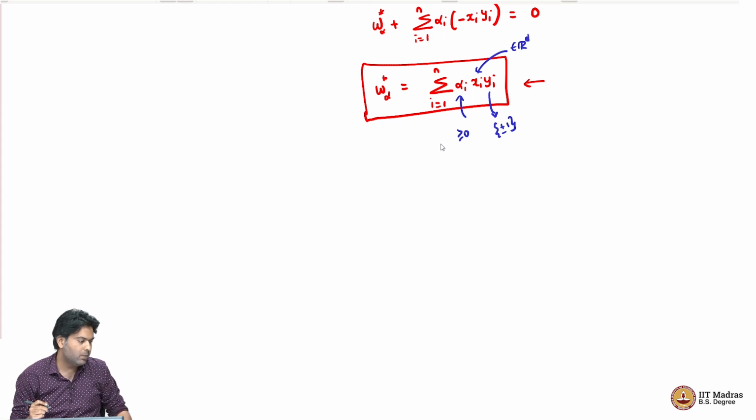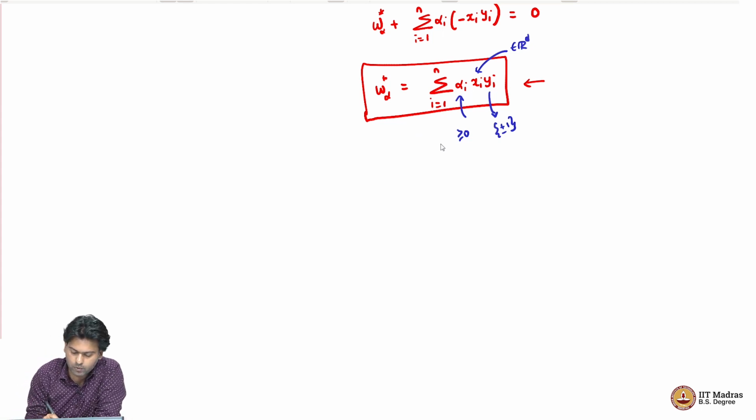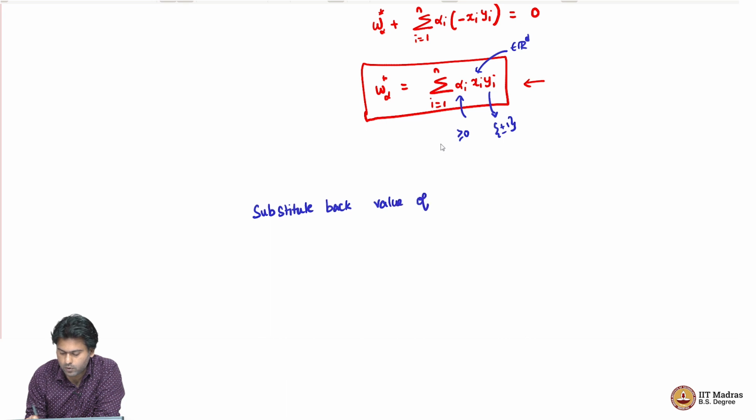To find the minimizer, I'm going to substitute back the value of w star alpha in the objective.